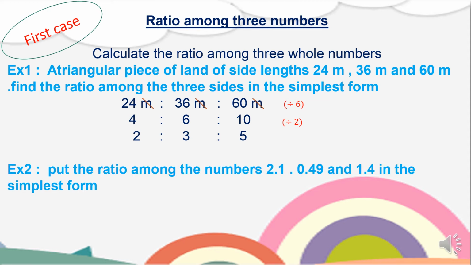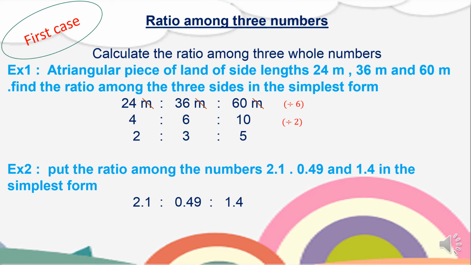5. Exercise number 2. Put the ratio among the numbers 2.1, 0.49, and 1.4 in the simplest form. Now I have 3 decimal numbers. So what do I do? I cancel the decimal point by multiplying by 10 or 100 or 1000.